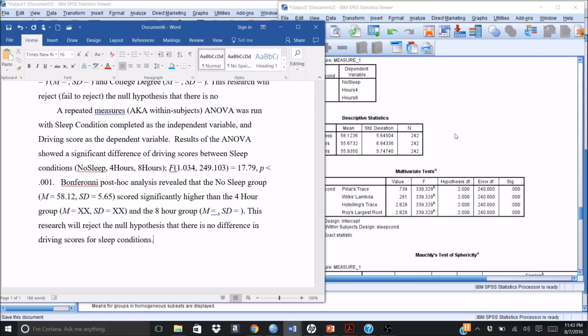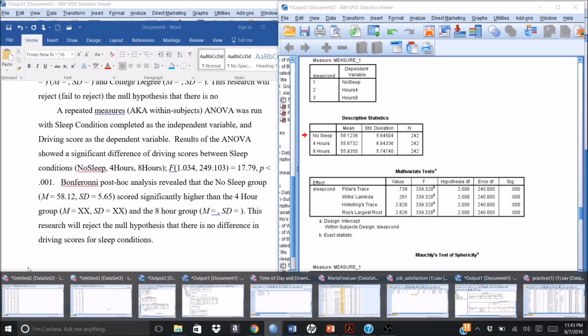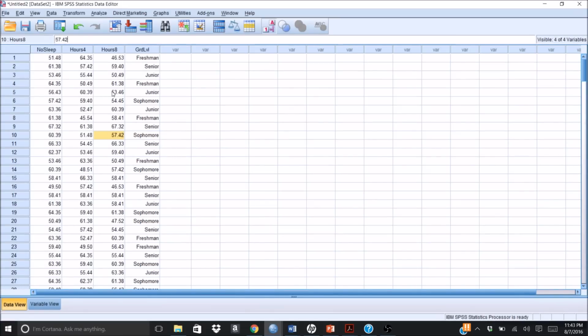Now let's go back to our data and let's see, I wonder maybe is there a difference in grade level? So what if I wanted to know if depending upon what grade they're in had an effect on their driving? Now if this were the case, I'm not actually interested in how much sleep they got.